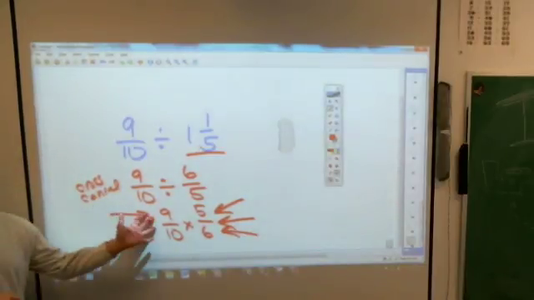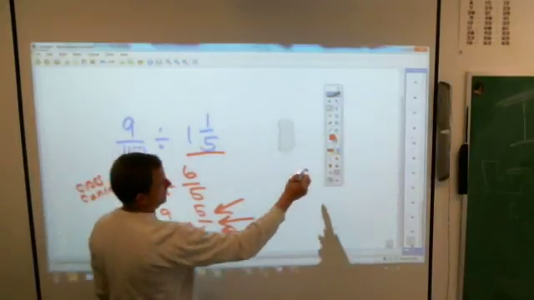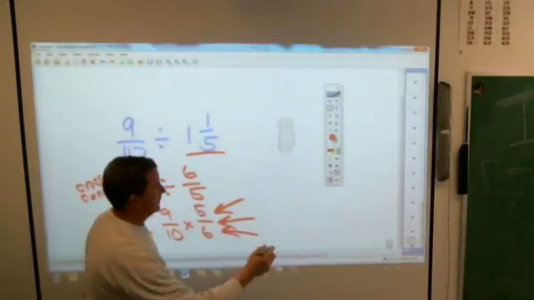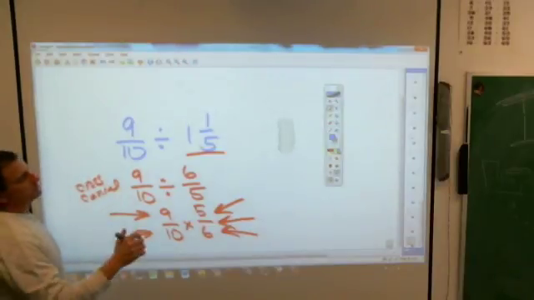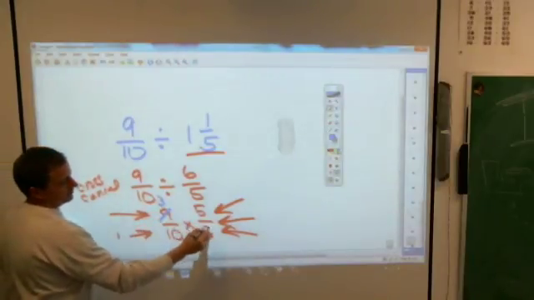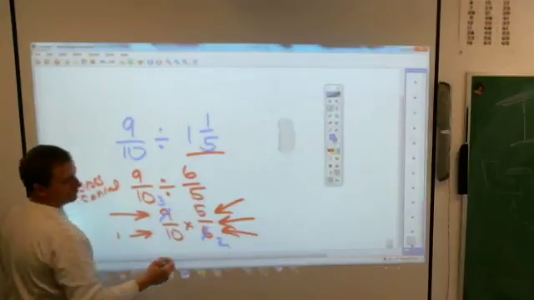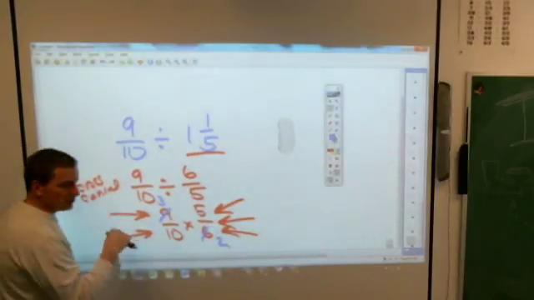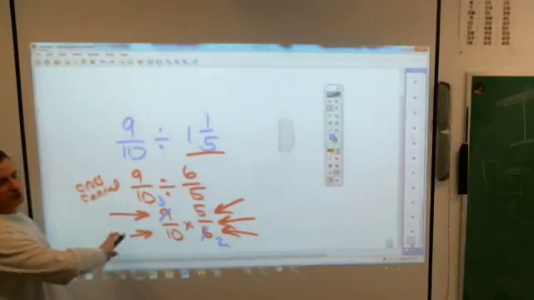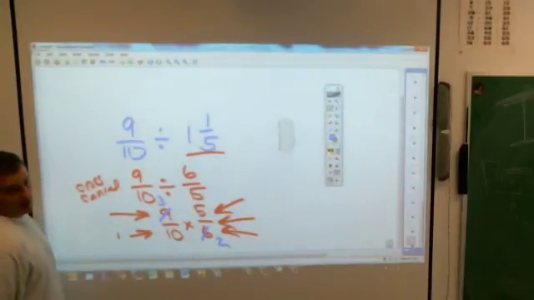And if you look at this, what number goes into what stuff there? What can I cross cancel there? 3 goes into 9. 3 goes into 9 3 times, and 3 goes into 6 twice. What else? There is more. If you do all the cross canceling first, you never have to worry about reducing at the end.